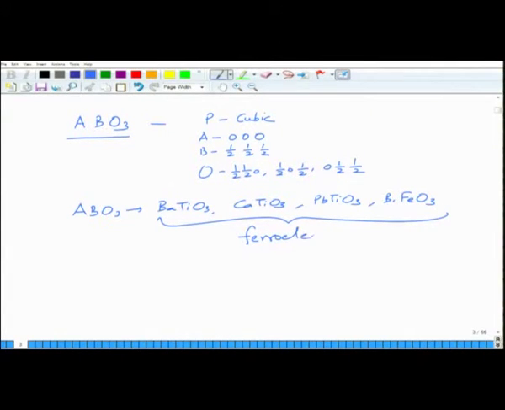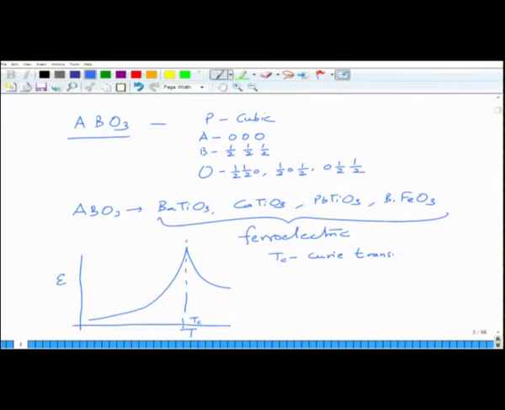Ferroelectric materials undergo a Curie transition, that is, their dielectric constant varies as a function of temperature, and it goes through a maximum, an anomalous increase, at a temperature called Tc. This Tc is called the Curie transition.